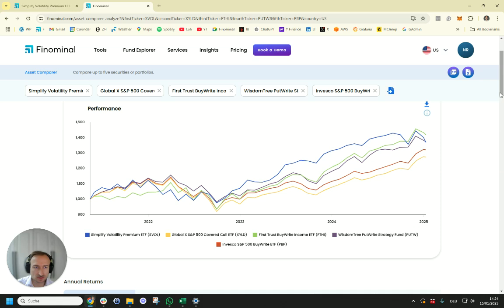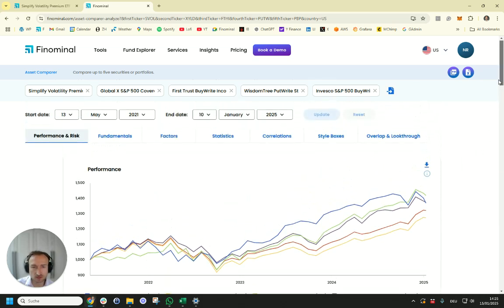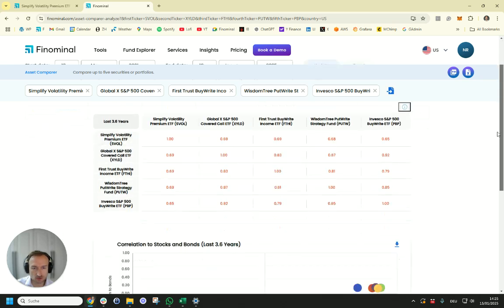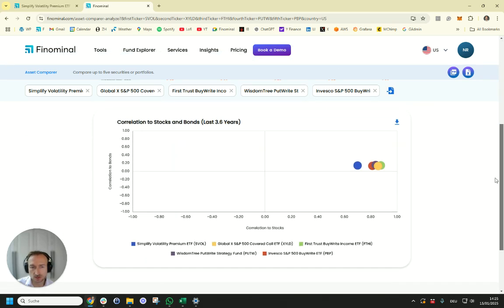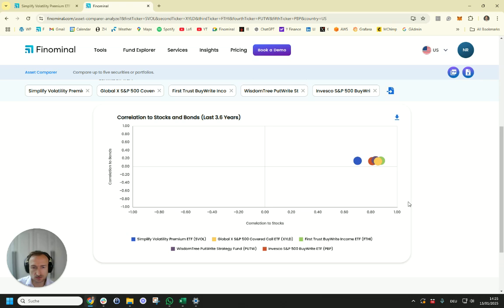What's interesting about SVOL is that it behaves slightly differently than these strategies, which have more equity exposure, and we can also measure that via correlations. Here in this chart, you see the correlation of SVOL and those 4 peers to the stock market.